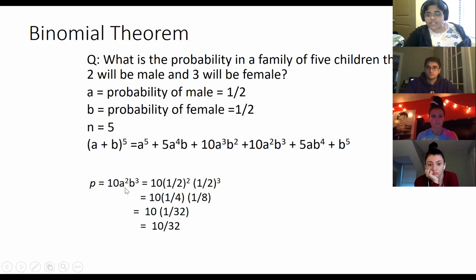That's how you choose the term for the probability. You would choose this term here because you want 2 males and 3 females. So you take those, plug the probability values in, and multiply them all out, and that is how you get 10 out of 32 as your probability. Does that make sense?